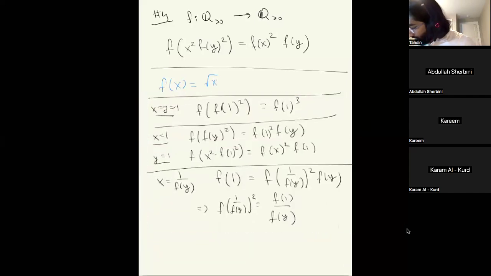So in particular, we get that f of 1 over f of 1 squared is equal to 1, right? Good. Now what? f of 1 over f of 1 is equal to 1.